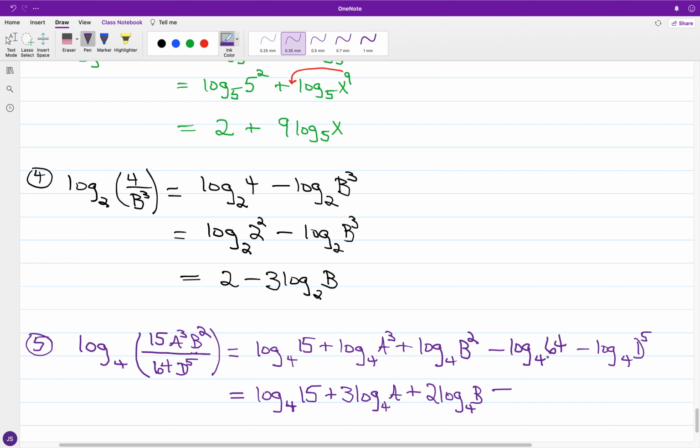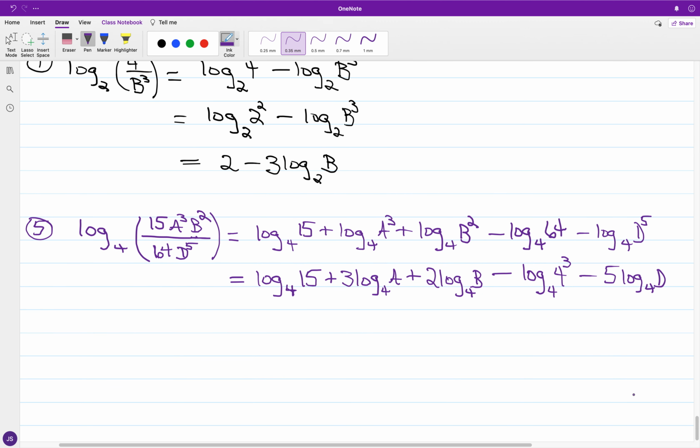Now for the base 4 logarithm of 64, unlike 15, 64 is both a multiple and an integer power of 4, because 64 is going to be 4 to the third, and we'll convert that shortly. For the last term, go ahead and write this as minus 5 times the base 4 logarithm of d.